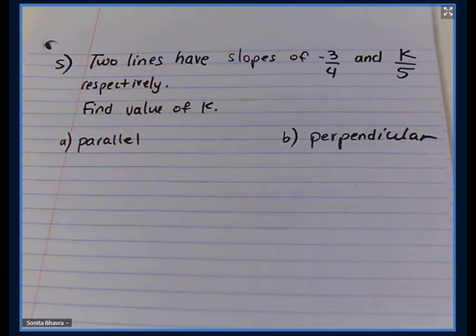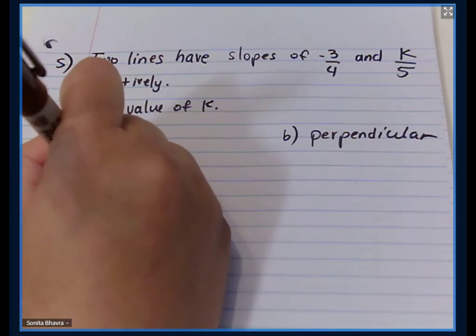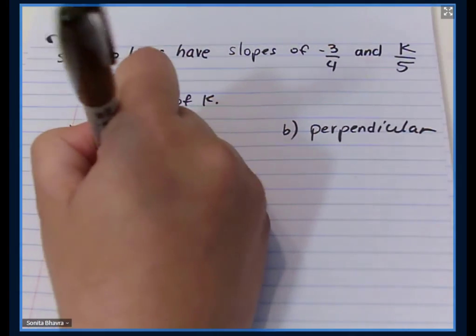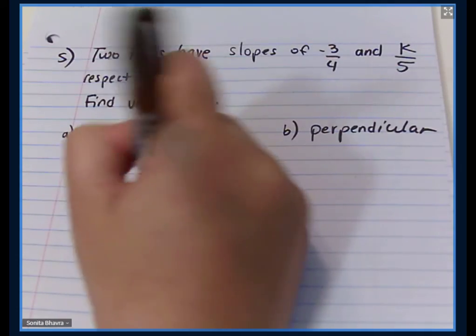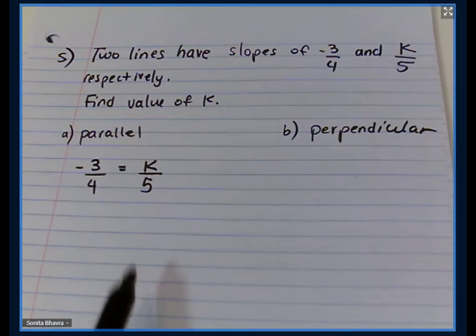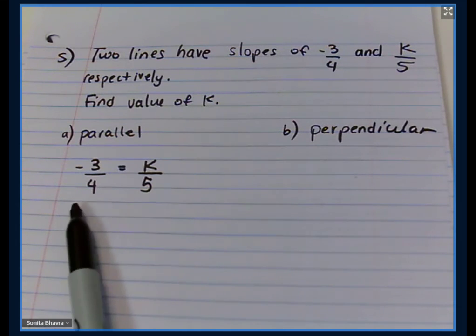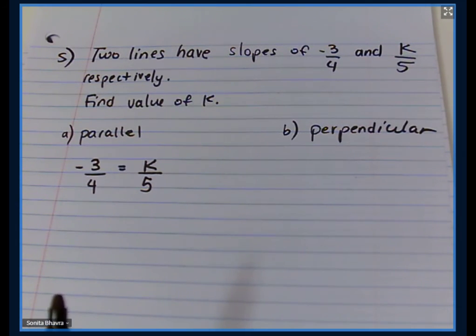All right, so when it's parallel, we know that both lines, their slopes have to equal each other. So we'll make -3/4 equal to k/5 because we know that both lines have to have the exact same slope.